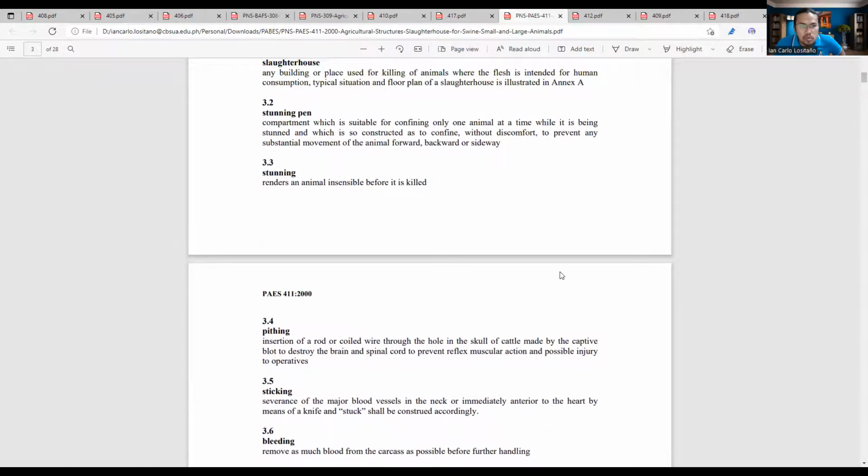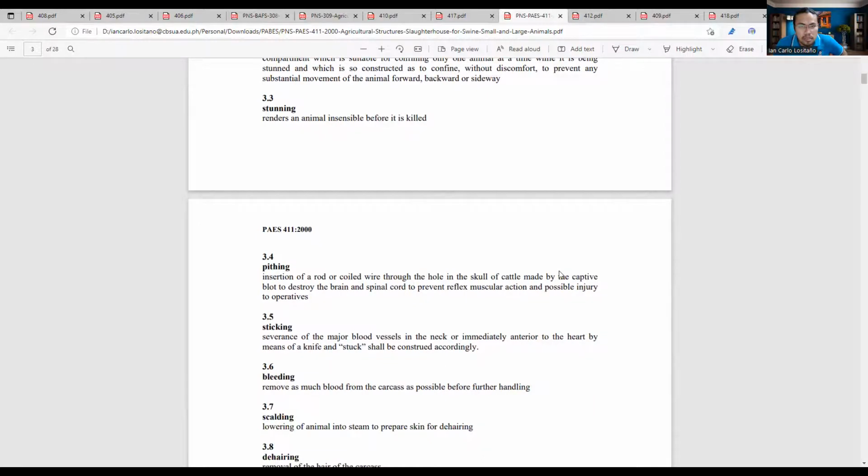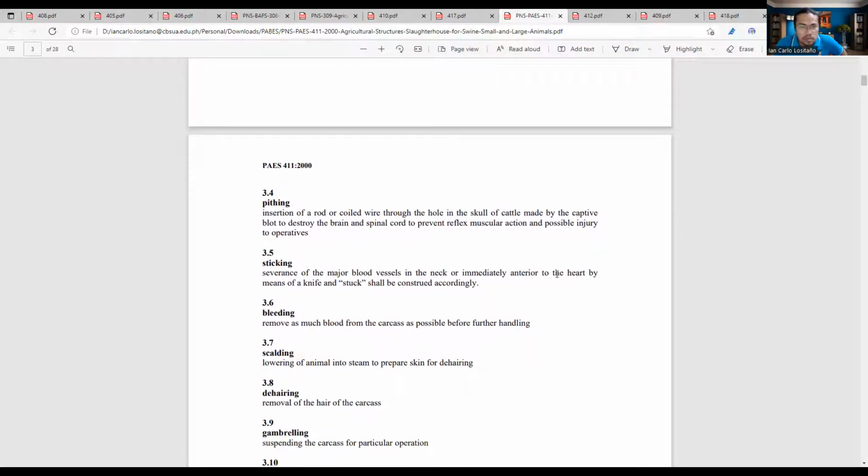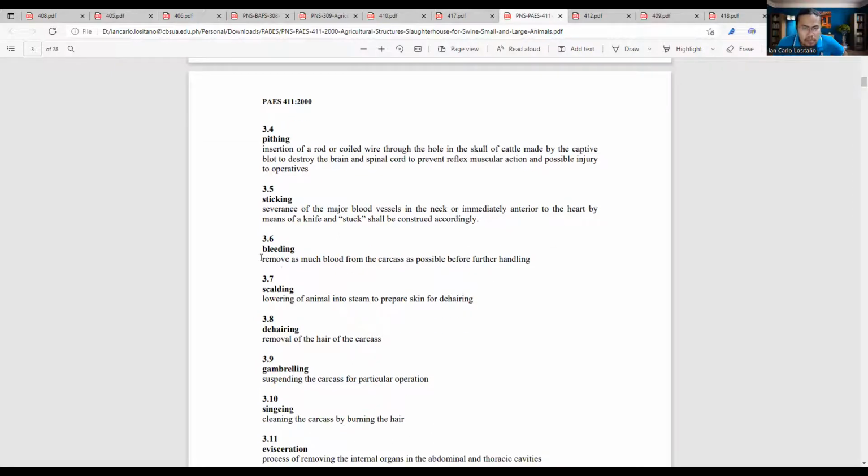The stunning is to desensitize the animal prior to its killing. This is to render the animal unconscious but still alive, before it is stuck or undergoes sticking. Sticking refers to the severing of the jugular veins and blood vessels to drain the blood from the animal, and that is the process of bleeding.